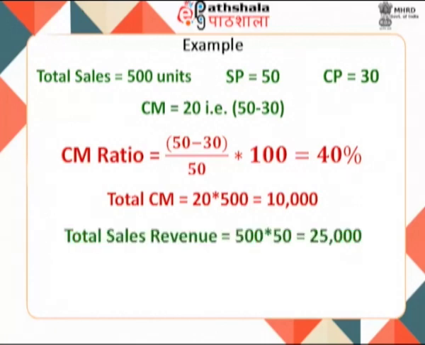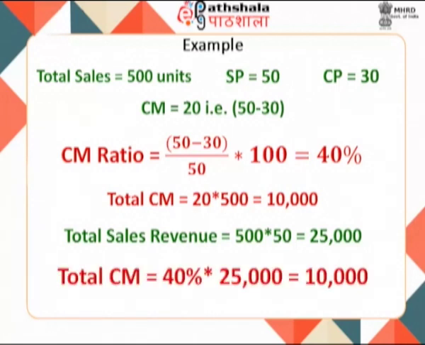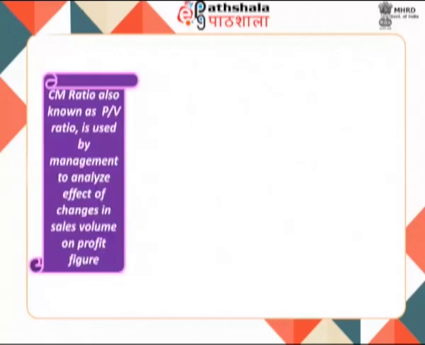And if total sales revenue is given as rupees 25,000, that is 500 units multiplied by rupees 50, which is the selling price, then the total contribution margin is equal to 40% multiplied by 25,000, which comes out to be 10,000. CM ratio is also called PV ratio, that is profit volume ratio.